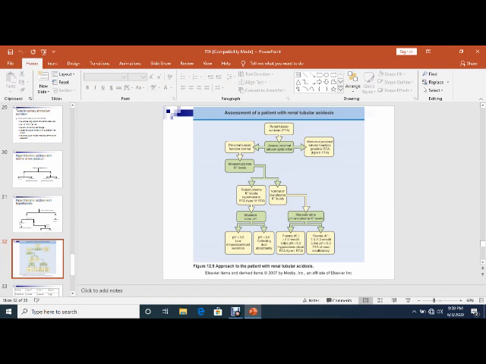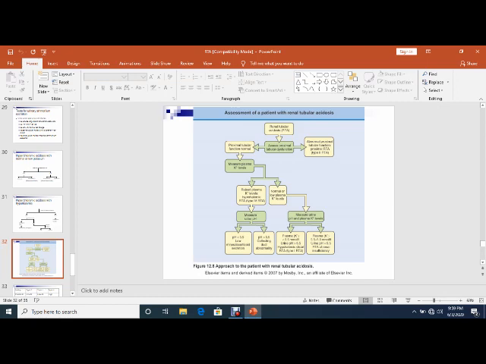If it is hyperkalemia, potassium is high, we must think this is type 4 RTA. If the potassium is normal or below normal, normokalemia or hypokalemia, then we should measure urinary pH and the plasma potassium level.